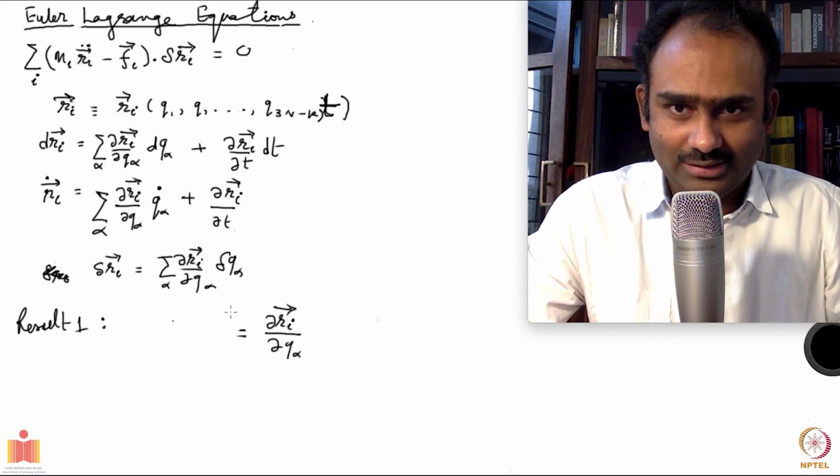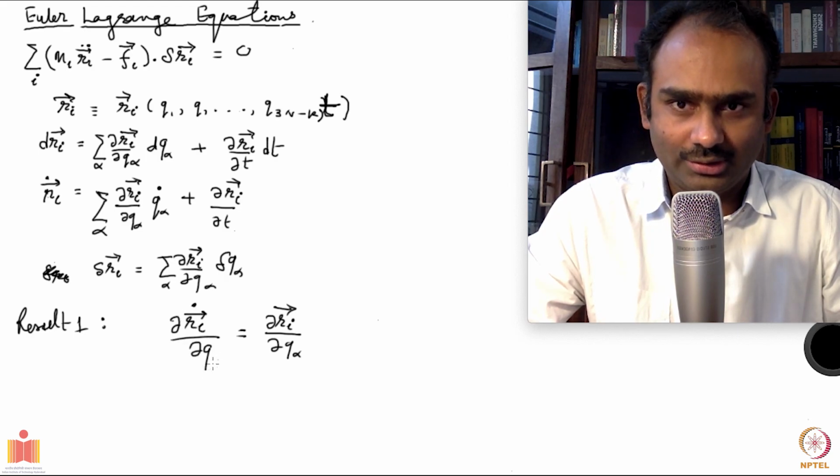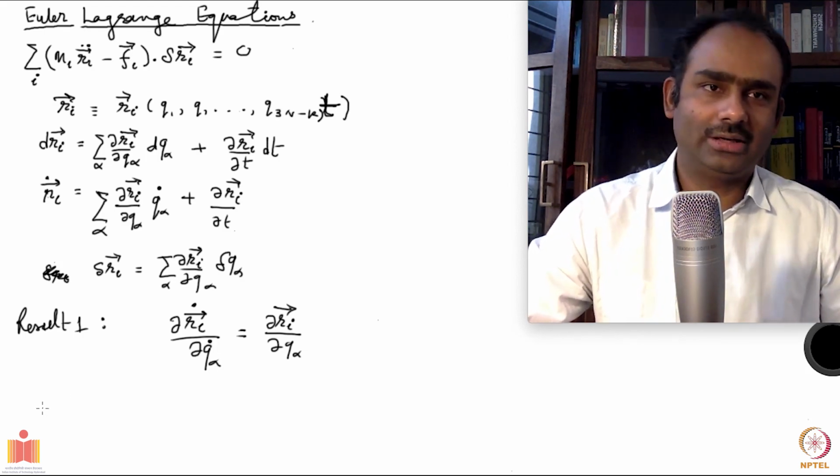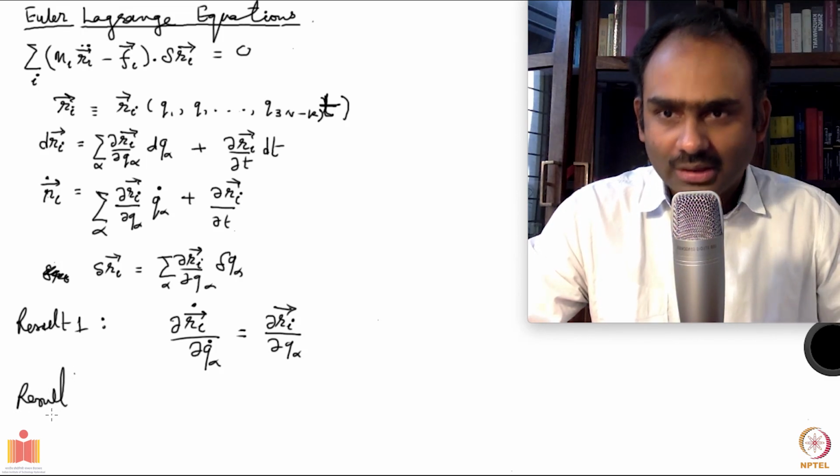So if I take this and put dots on both ri and q alpha, so del ri dot over del q alpha dot. That is result number 1 that we are going to use, and then let's look at result number 2.